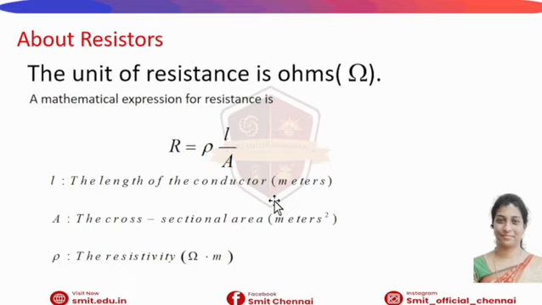The resistance depends upon the length of the conductor, the cross-sectional area, and the material used. The mathematical expression is R equals rho L by A, where L is the length of the conductor, A is the cross-sectional area, and rho is the resistivity.